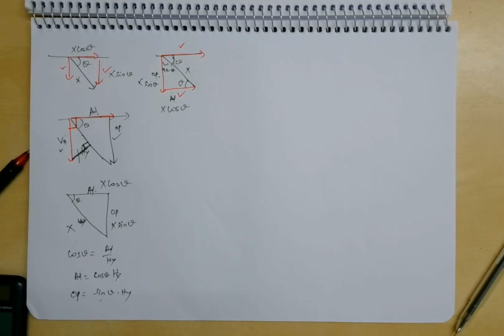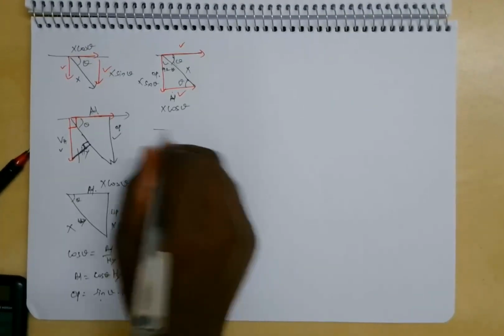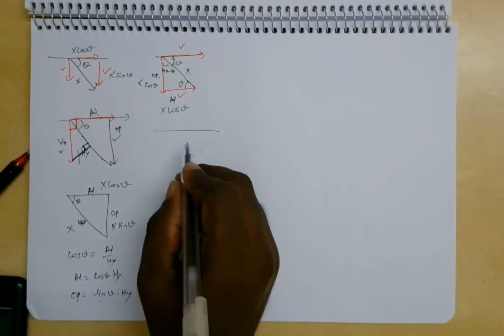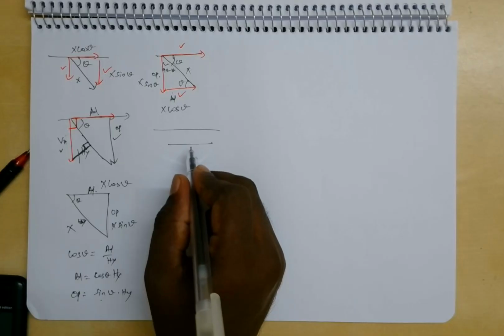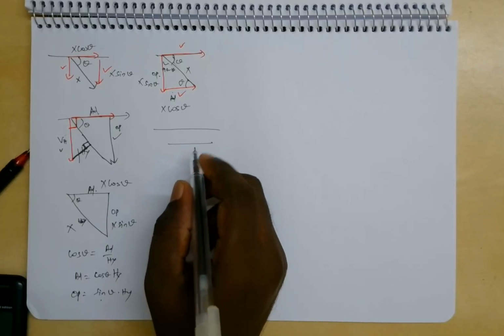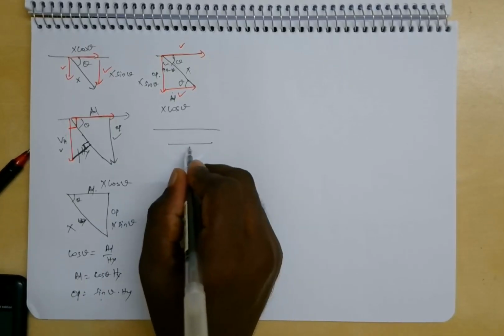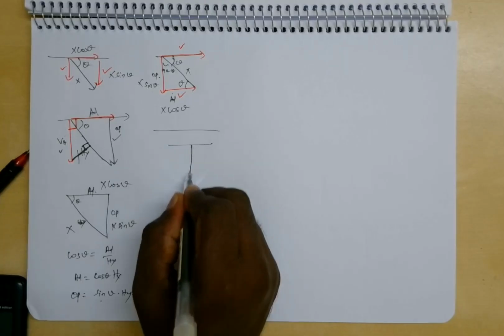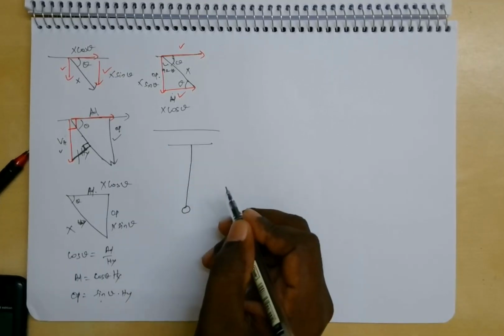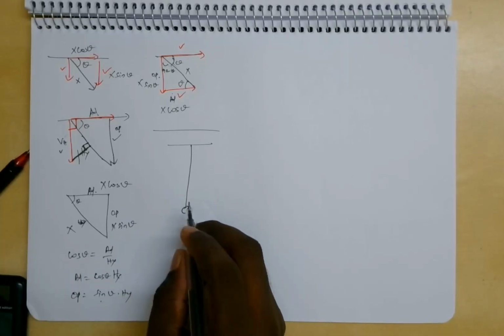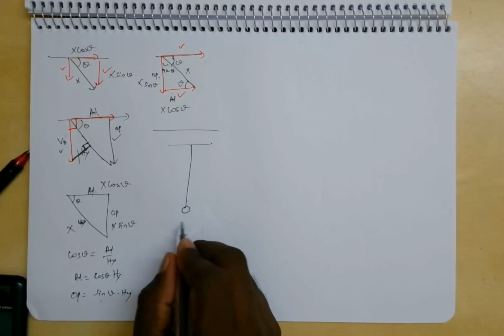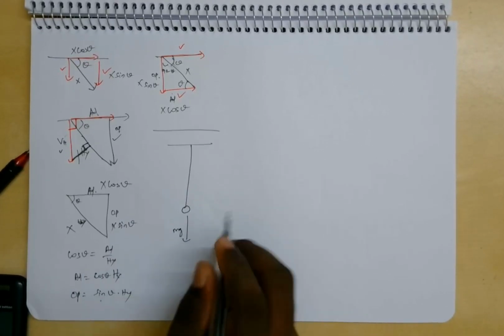Super. Okay. Now, let's see some problems. Now, let's take a simple pendulum. When it is simply hanging, there is only one force acting. What is that force? So, mg is in this direction.